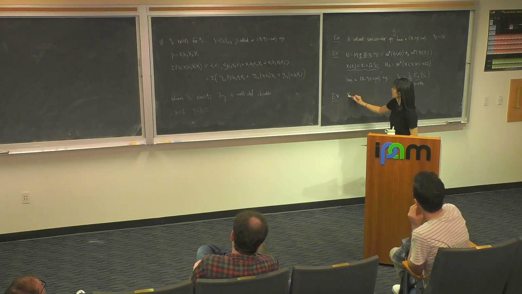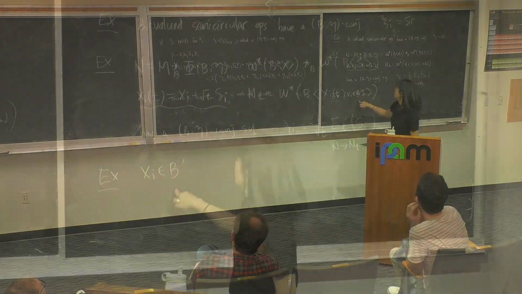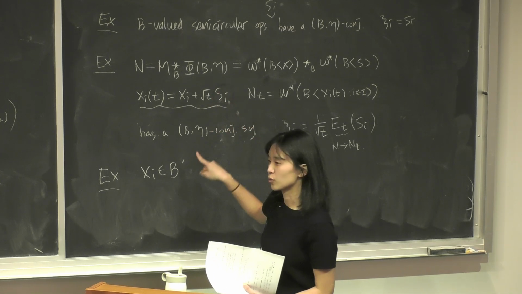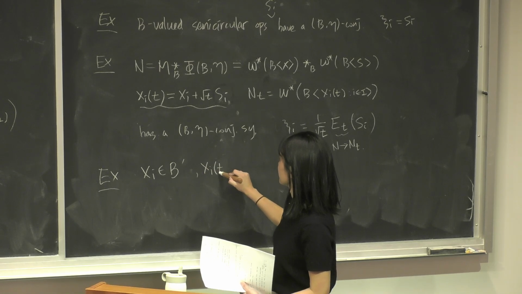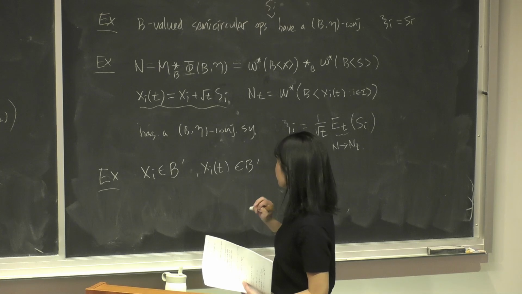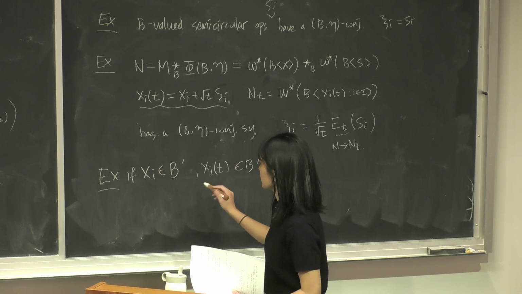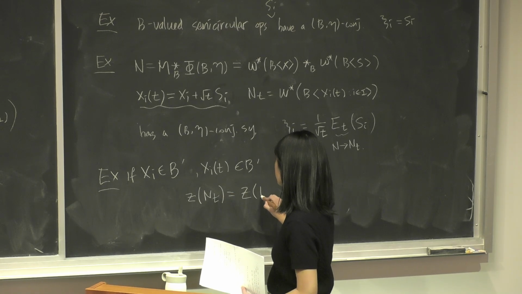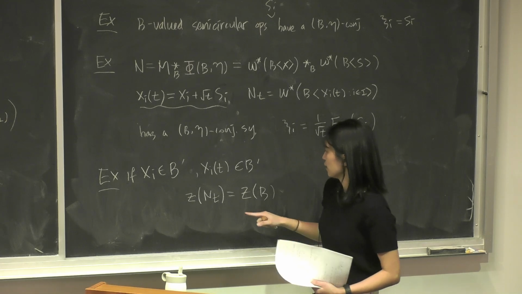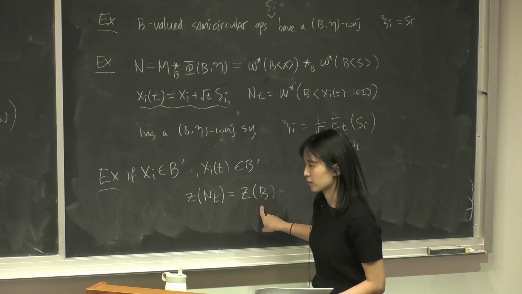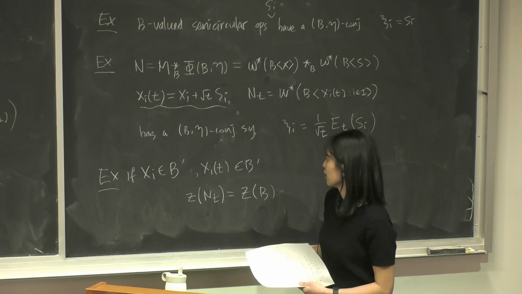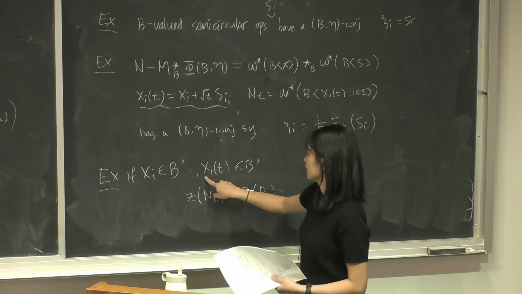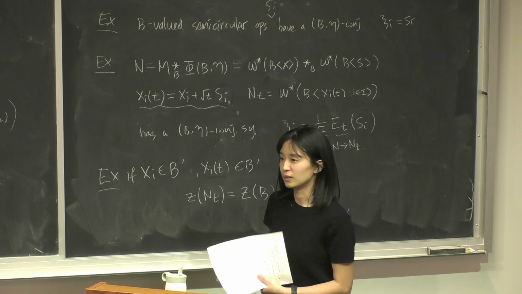If Xi commutes with B, since we already know S_i, free B-valued semicircular operators, commute with B, then this X^t commutes with B. So in this case, the center of N_t is the center of B. So whenever B is a factor, we can say N_t is a factor. And one cool thing about this is since we perturb Xi, this X^t could be inside of B as well.